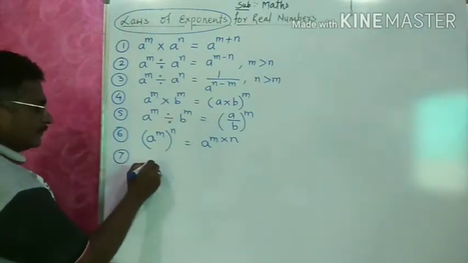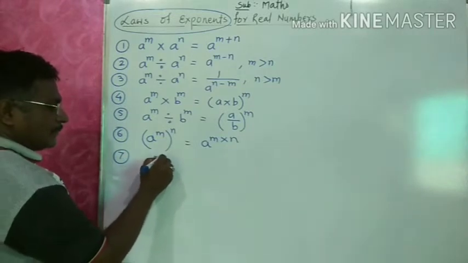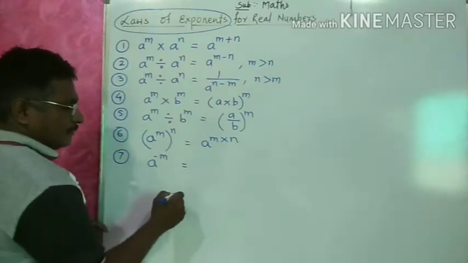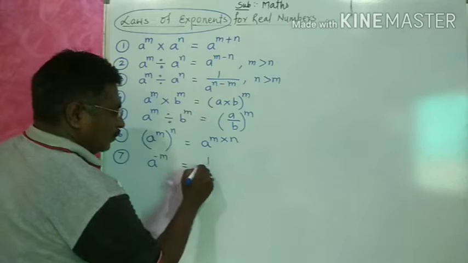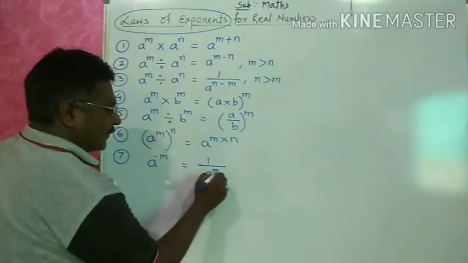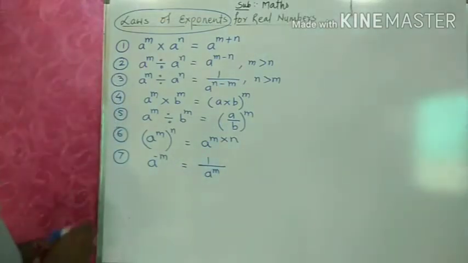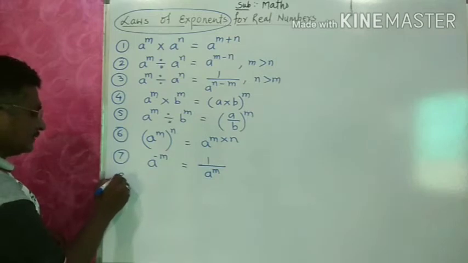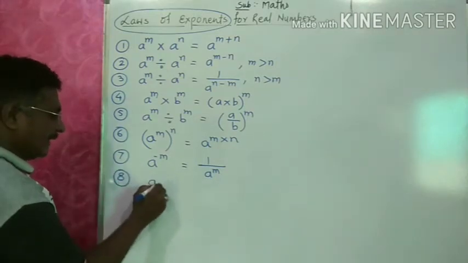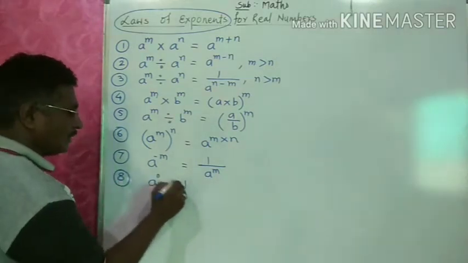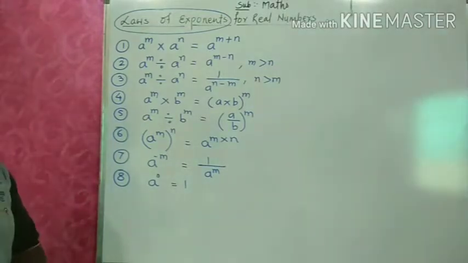Seventh, a raised to the power minus m equals 1 by a raised to the power m. Eighth, a raised to the power 0 equals 1.